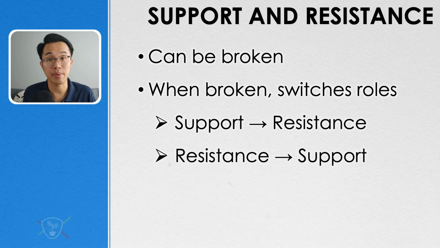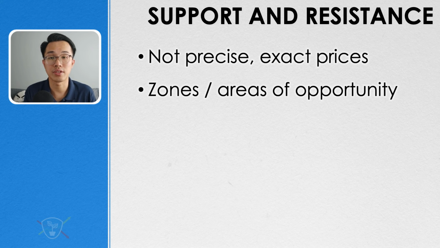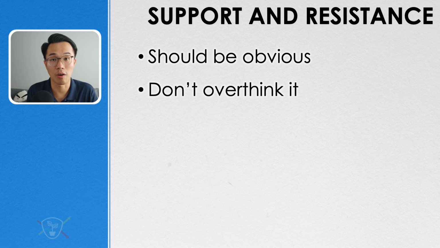However, they can be broken, and when they do, they tend to switch roles. Very often, these are not specific, precise sweet spot prices, but they are areas or zones which we can look for opportunities. Lastly, they should be fairly obvious. So make sure we are not overcomplicating our charts.